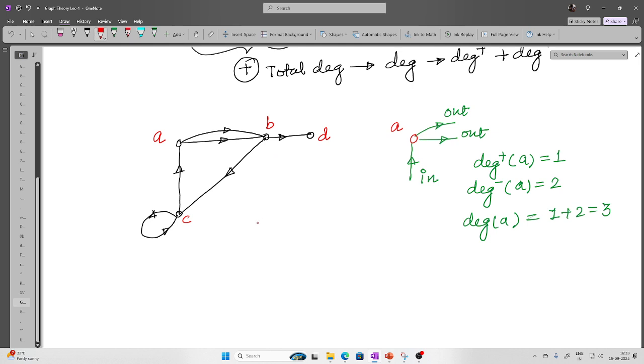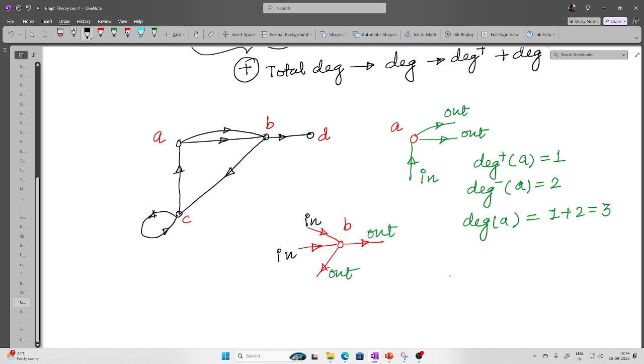Likewise, we can also go for vertex B. If you look closely, one edge is going away, one edge is coming in, another edge is coming in, and one edge is going out. So this is going out, this is going out, and this is coming in, this is coming in.